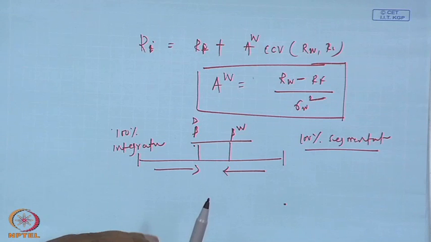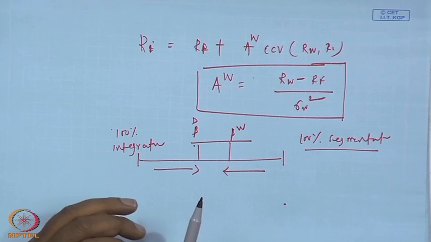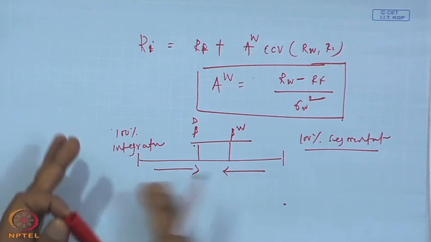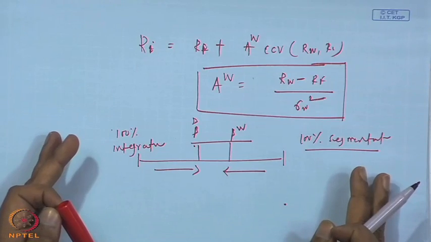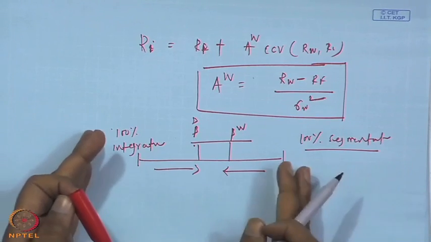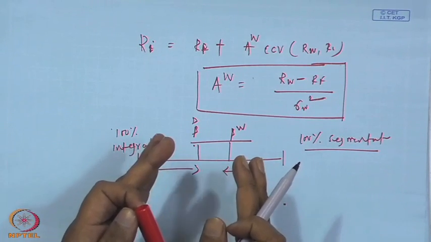Since 100% segmentation and 100% integration do not exist, the international capital asset pricing model is not valid in a larger sense, and similarly the domestic beta is also not valid in a larger sense.